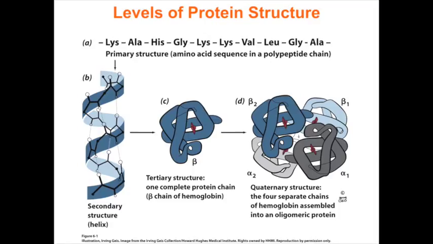Now, some proteins will have to aggregate. Some proteins are called multi-subunit proteins, and so it might take multiple polypeptides in order to make that protein function, but then some proteins will stay in this tertiary structure as well. All of this stems from the primary sequence of amino acids in a polypeptide chain.